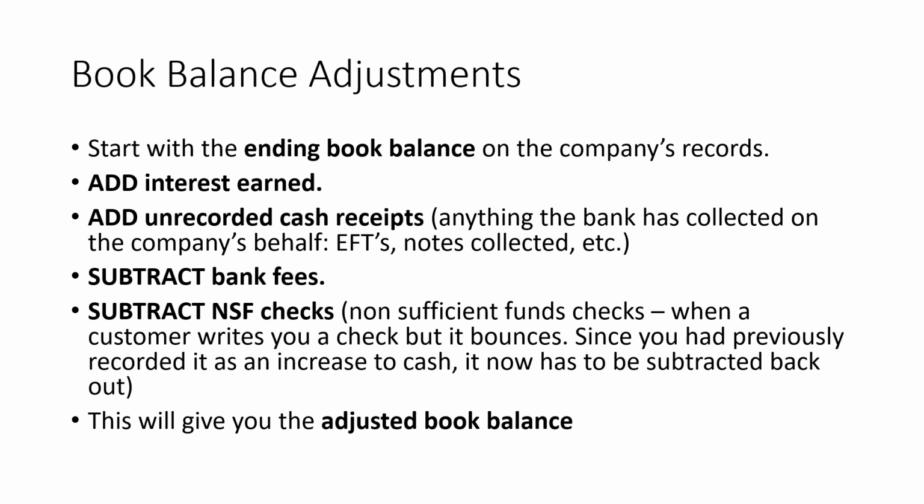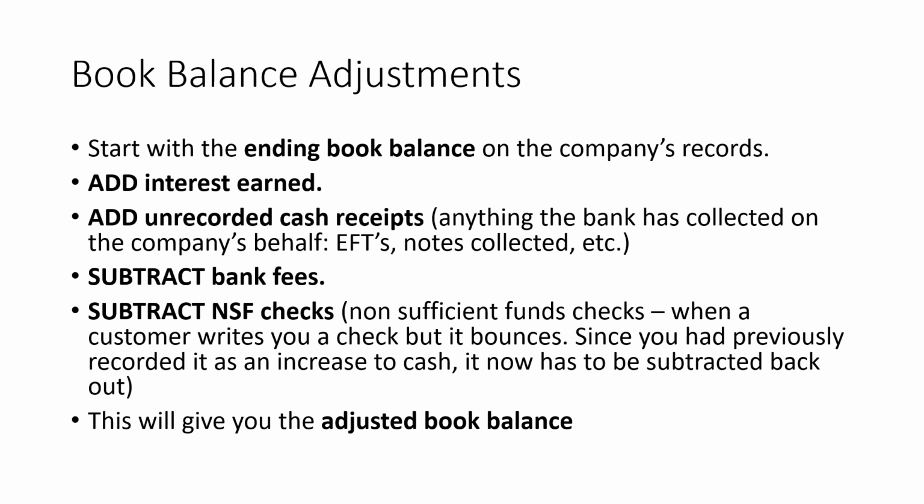Then you look at the bank statement and see any additions or subtractions that have not been accounted for on the books yet, because the company didn't know about these amounts until they got the bank statement. You'll add any increases in the bank account and subtract out any decreases in the bank account that have not already been recorded on the books.